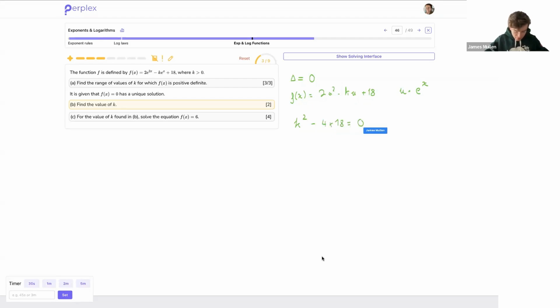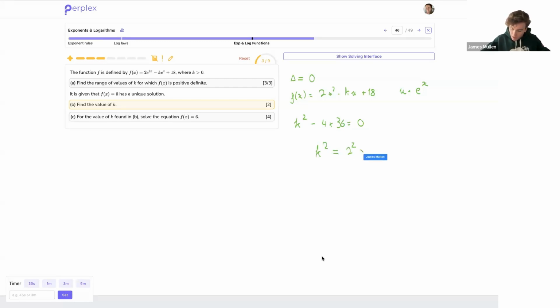Sorry, 4 times 36 is this 4 times 2 times 18. k squared minus 4 times 36 is equal to 0, which means that k squared is equal to 4 times 36.